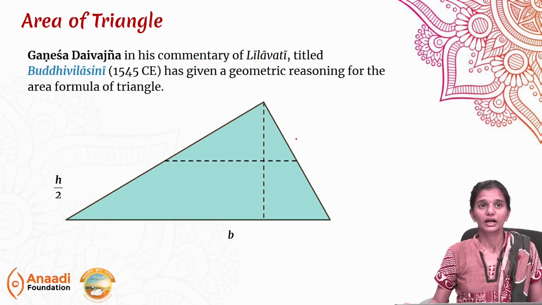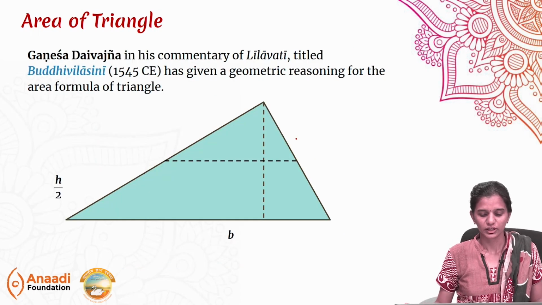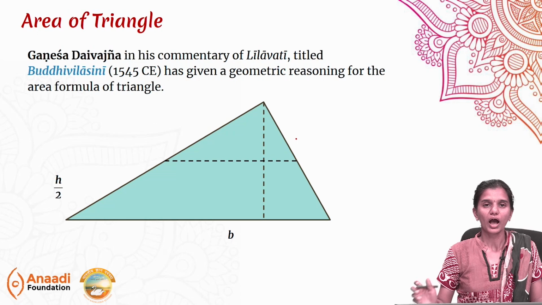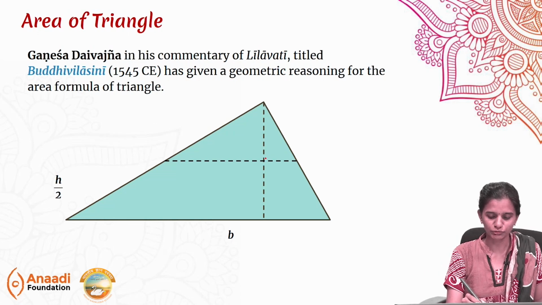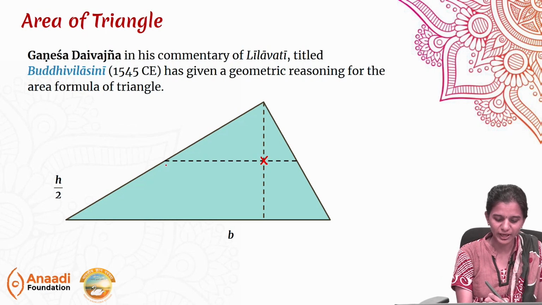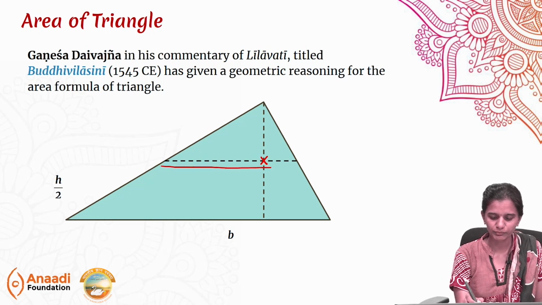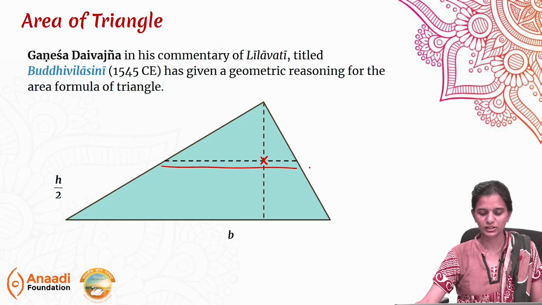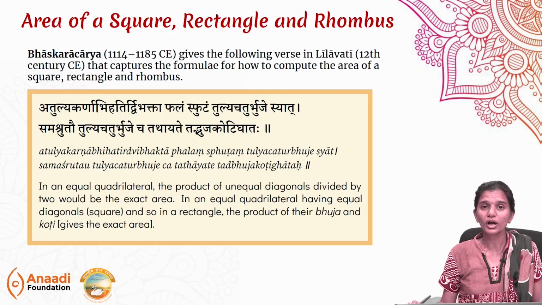Here, Ganesha Daivagnya says, mark the half of the height of this triangle. That is here. Now, draw a line parallel to the base of the triangle. Next, the word rhombus here does not give us any clue regarding its property.